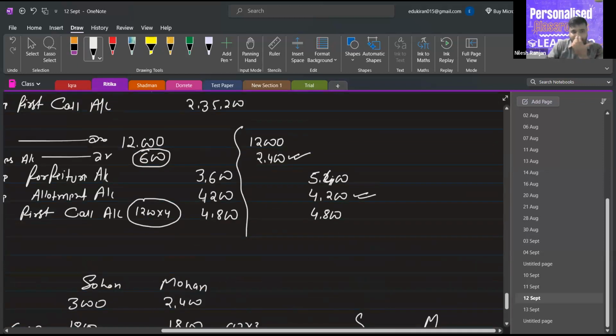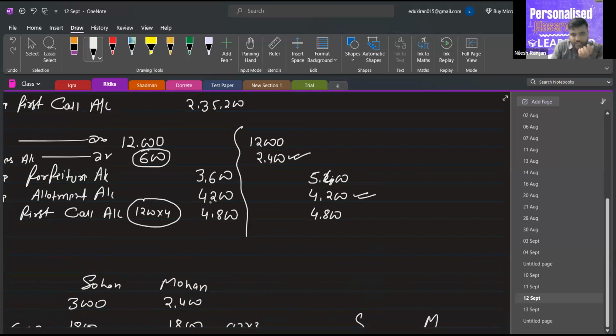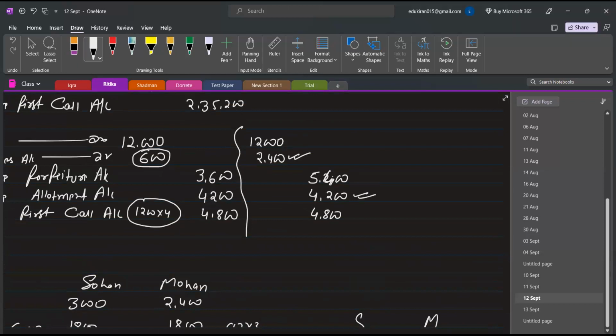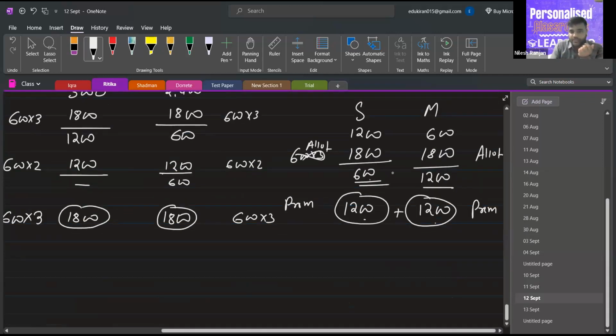In both cases, actually, we are getting the same amount, but the combination is different. In 4200 here, only 600 is for premium and the balance 3600 is for allotment. And in this 4200, 2400 is for premium and the balance 1800 is for allotment money.